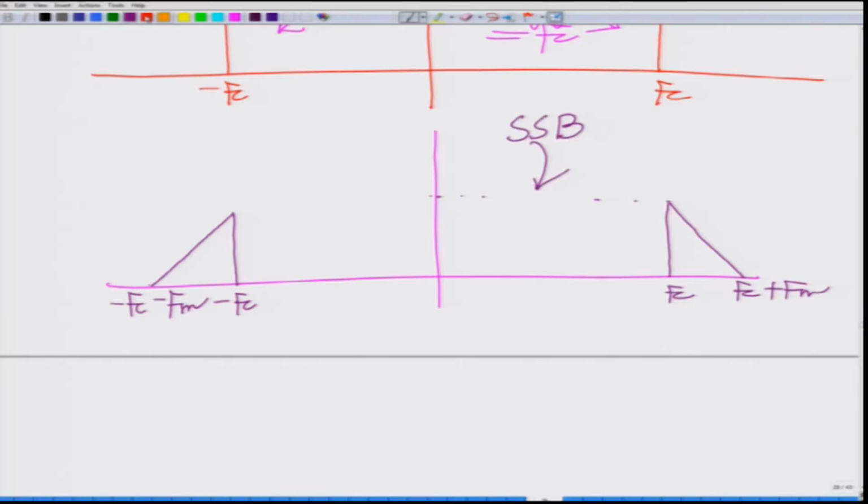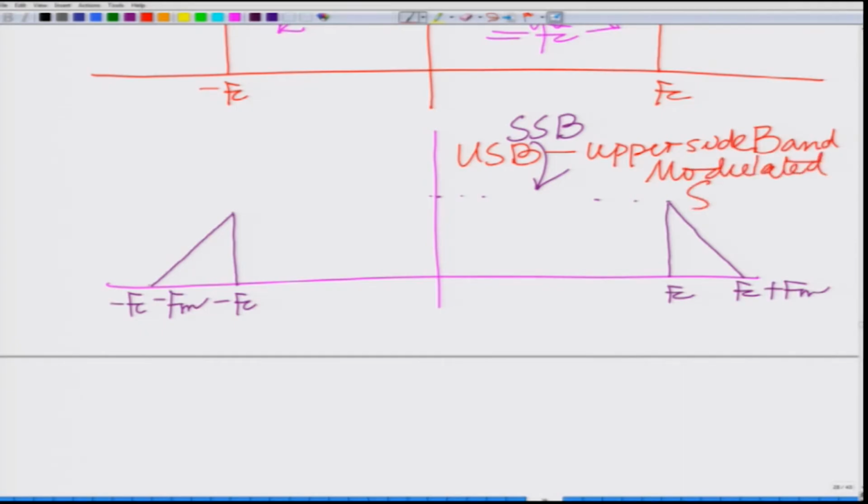In fact, this is your USB signal, that is the upper sideband modulated signal. To generate the lower sideband modulated signal you have to pass it through an ideal low pass filter with cutoff fc.